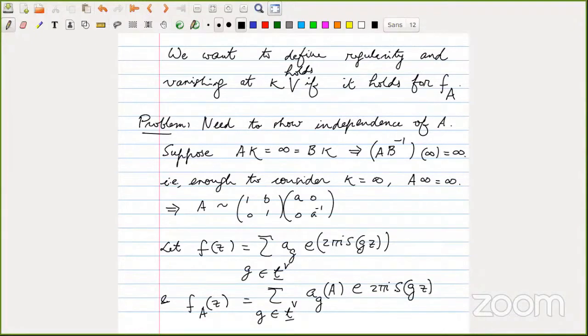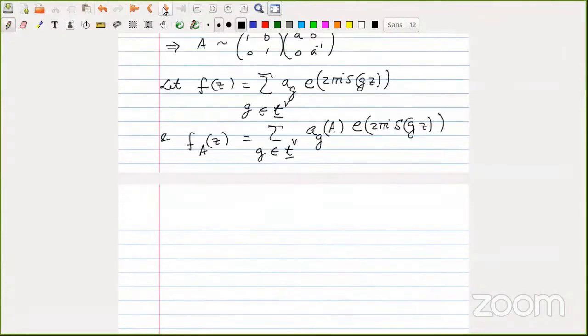Everything is the same here. s is the trace. So this is what I have. Now let's calculate, where this is with respect to d_A dual.